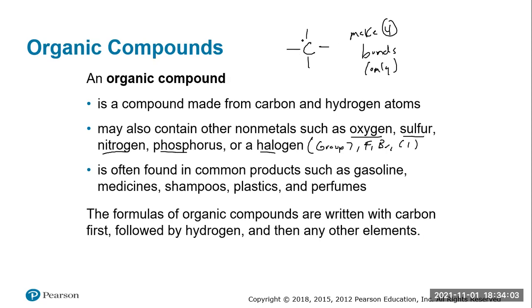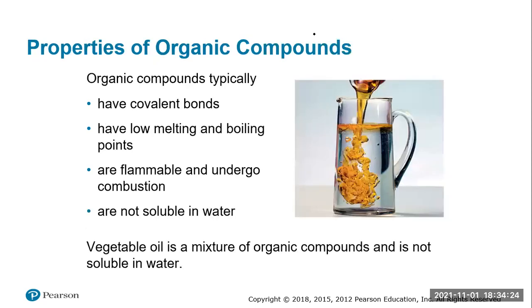They just keep throwing bonds on carbon, 10, 12, however many. But if you want to draw carbon correctly, you should never, ever, ever go over 4 bonds, especially in an organic compound. And again, it's a very common mistake that people do make.